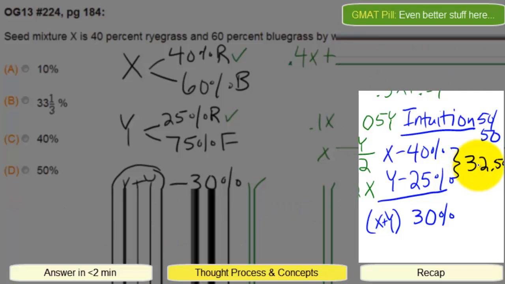Now, if this is what you get with the 50-50 split, and you're told that you actually get something that's 30%, well, that 30% is closer to the Y. That means Y must have more weighting than X does. So Y must have something that's greater than 50%, and X must have something that's less than 50%.